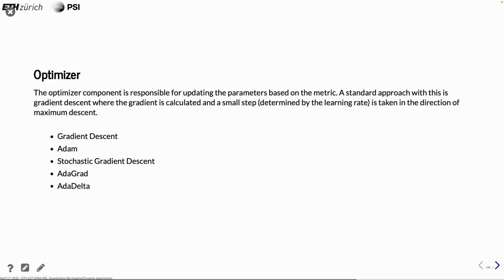There are plenty to choose from: gradient descent, Adam, and so on. There are quite many available out there nowadays. This is a field that has evolved radically over the last years with machine learning, and this is something we can benefit from also in this case.